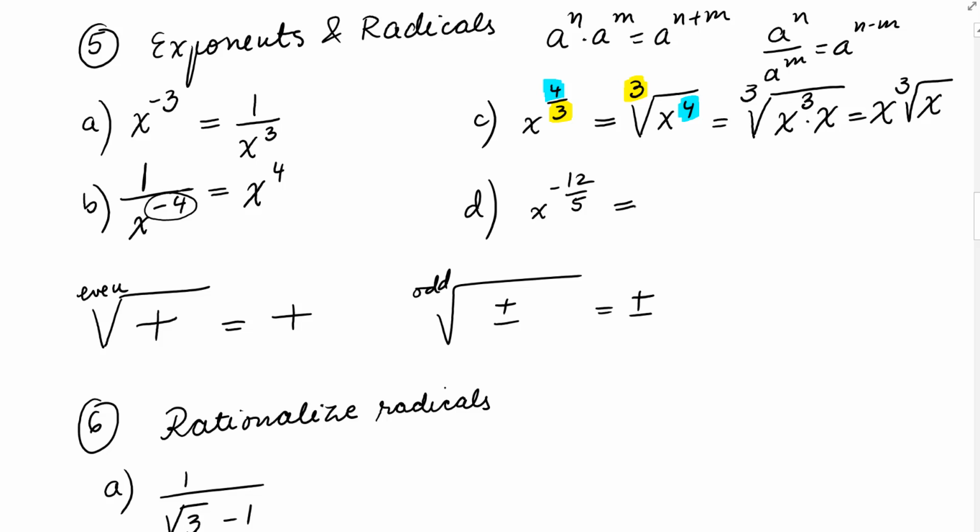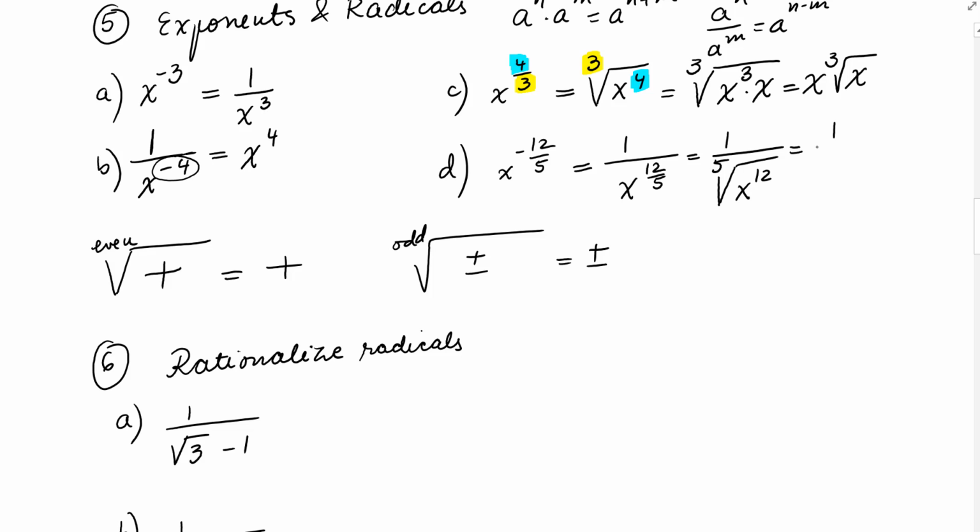Now when we have x to the negative 12 over 5, this can be written as 1 over x to the 12 over 5, which is 1 over the 5th root of x to the 12. And we can actually simplify that by doing 1 over the 5th root of x to the 10 times x to the second.